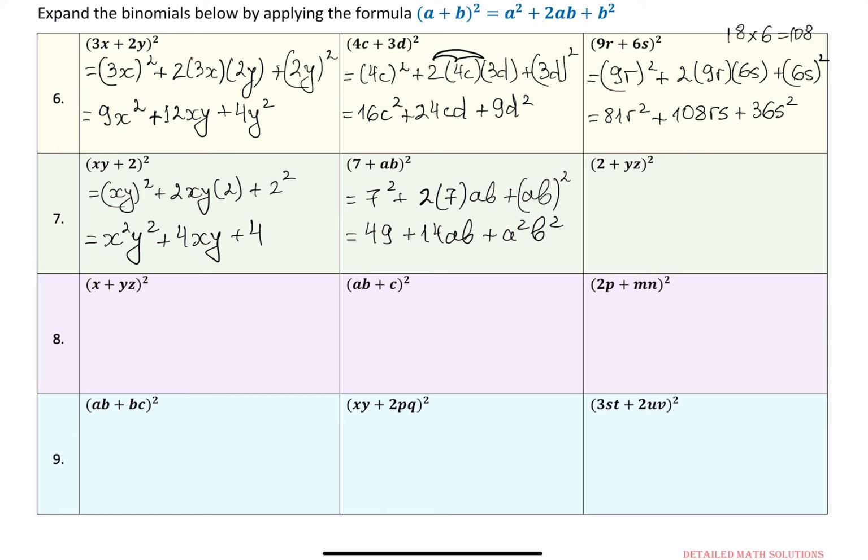Next exercise, (2 plus yz) squared equals 2 squared plus 2 times 2, our first term, multiplied by second term, yz, plus (yz) squared, second term squared, which equals 4 plus 4yz plus y squared z squared.